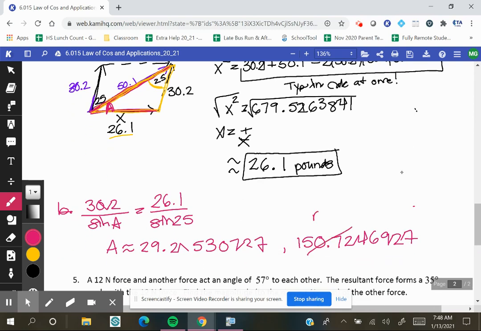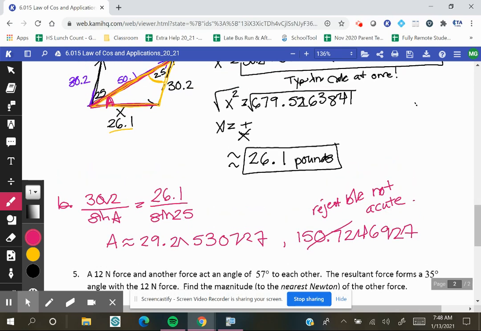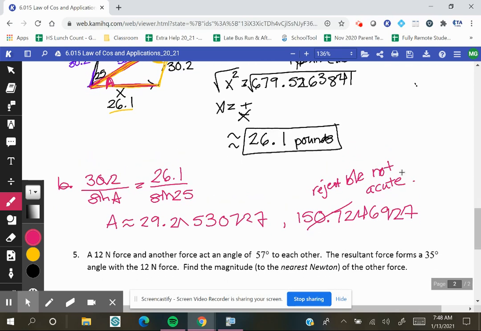So we'd have to reject it because it's not acute. And our final answer then would be, to the nearest degree, 29. Oh boy, 29 degrees.